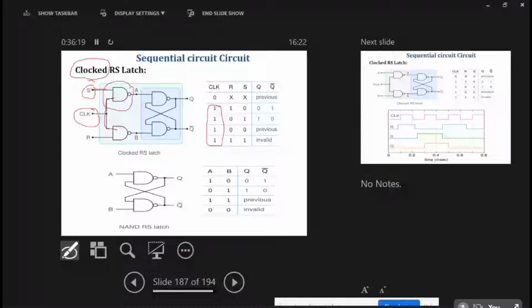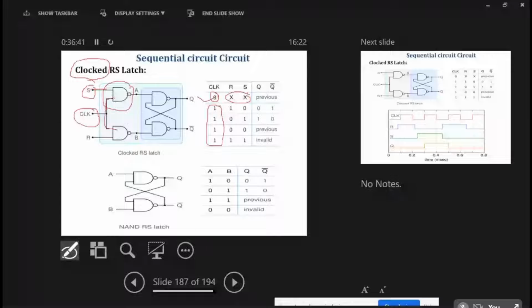This is what we want. So we will have here 5 different combinations, because if the clock is 0, regardless of whatever values of R and S are here, it will retain its previous value.